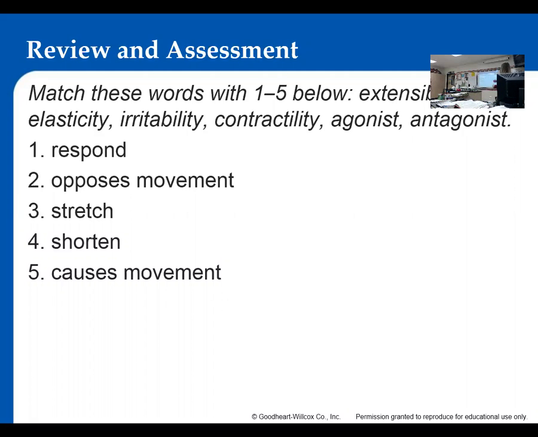Okay, opposes movement. Which one does that? Looking at agonist versus antagonist, think about reading a story in English. The antagonist is usually the bad guy, right? Same idea, so they're opposing the movement of the agonist. It's kind of like positive and negative.